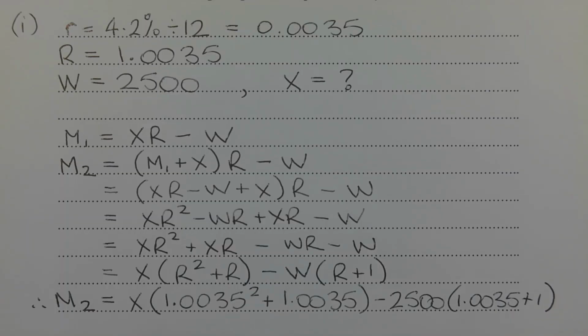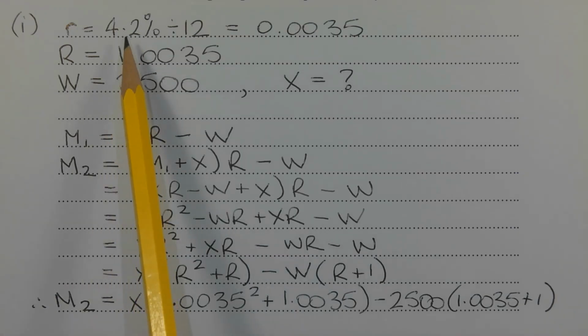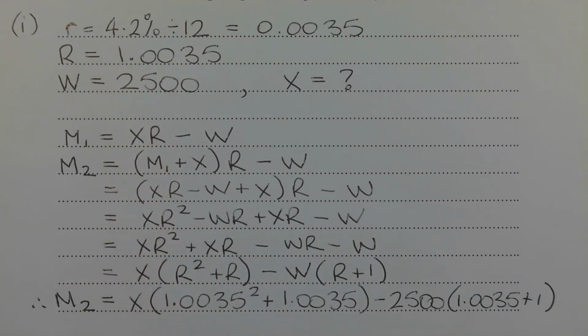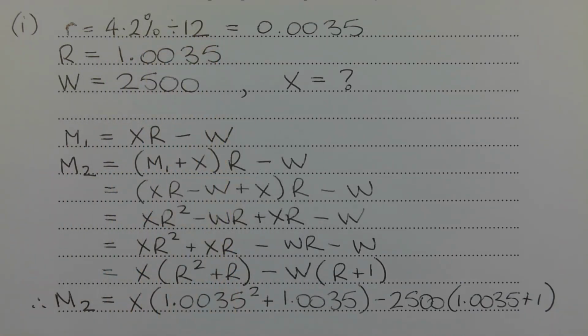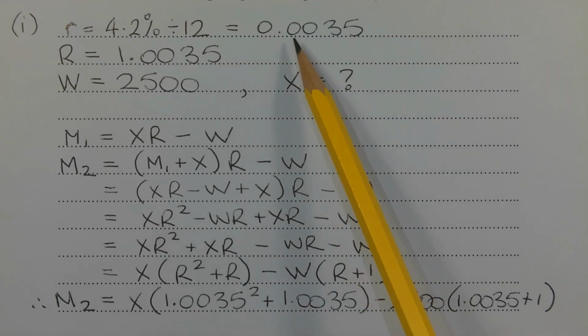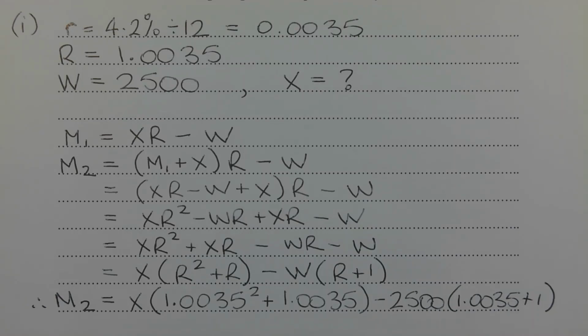Let's start off by defining some variables. Firstly, the interest rate per annum is 4.2%, but the compounding is done monthly. So we need to take 4.2% and divide that by 12 to get the monthly interest rate. So 4.2% divided by 12 is 0.35%, or 0.0035 in decimal.